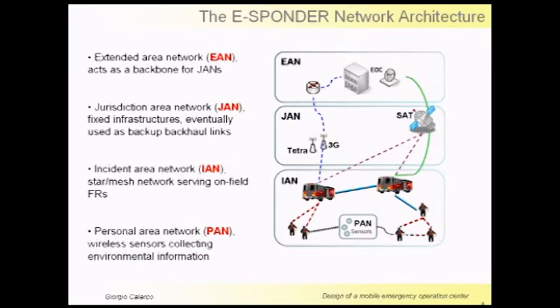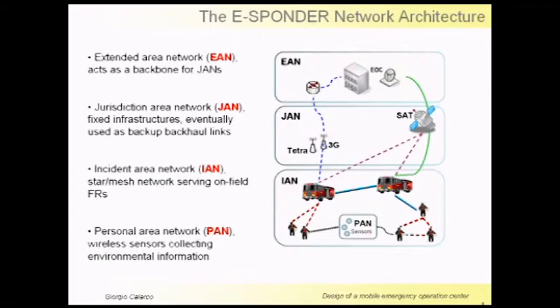For instance, the European project ISPONDER has chosen a multi-layer architecture where different networks are employed together. We can have a personal area network with wireless sensors, and an incident area network with Wi-Fi or WiMAX connections among the first responders and the MIOCs, or between two possible MIOCs.